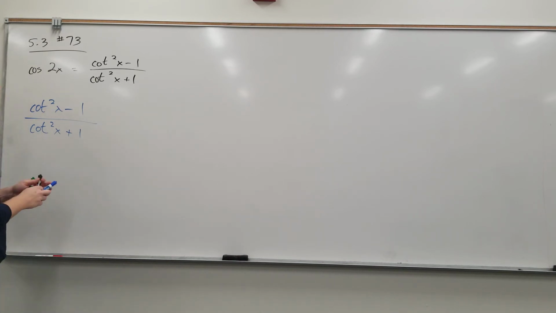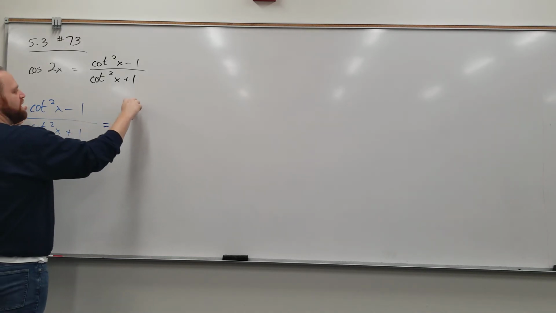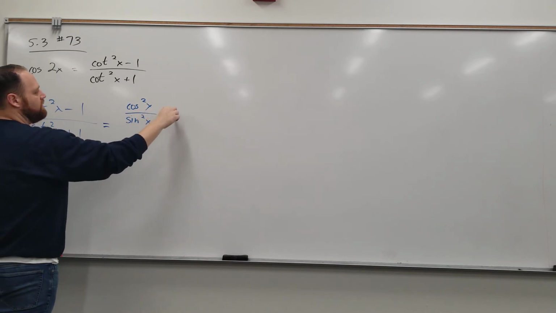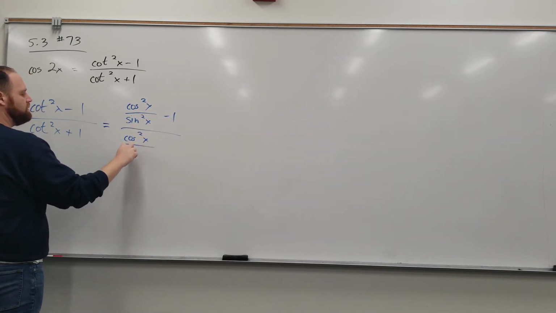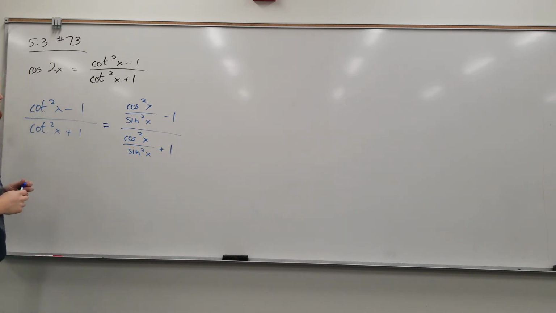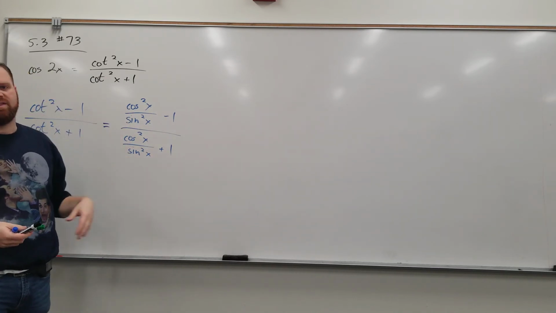Let's see. So I'm thinking of this as cosine squared over sine squared. And a second ago I said get a common denominator and add the fractions.